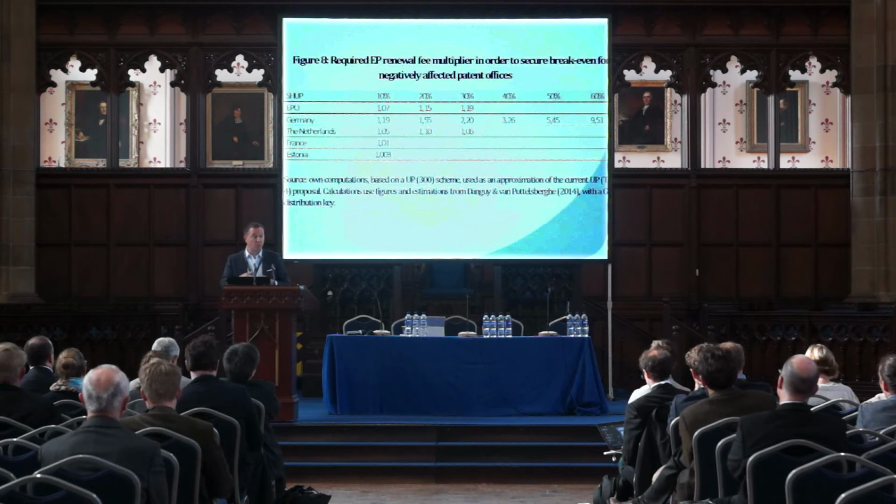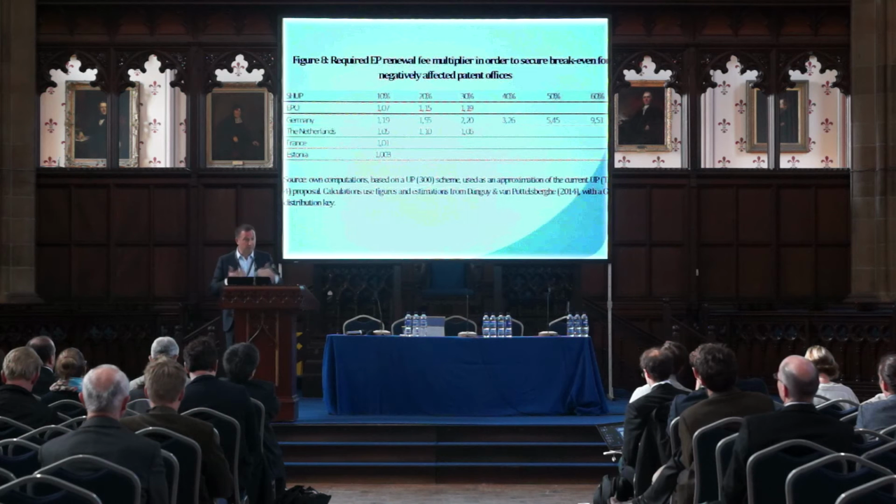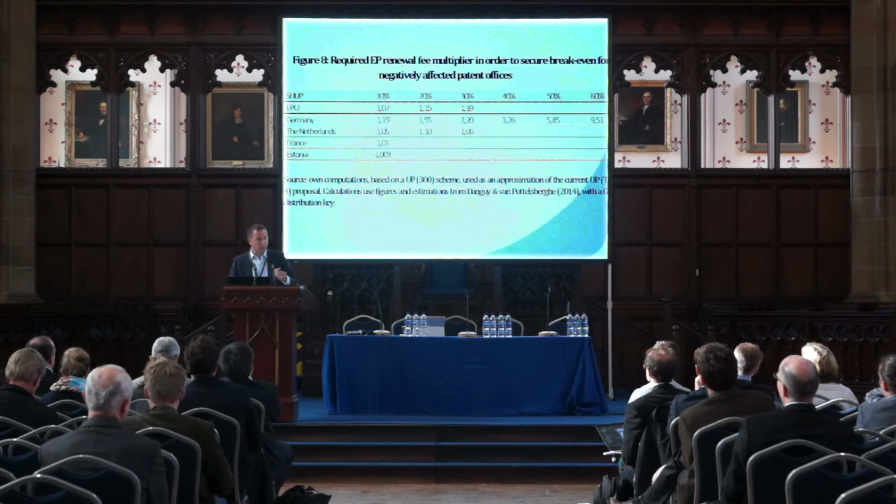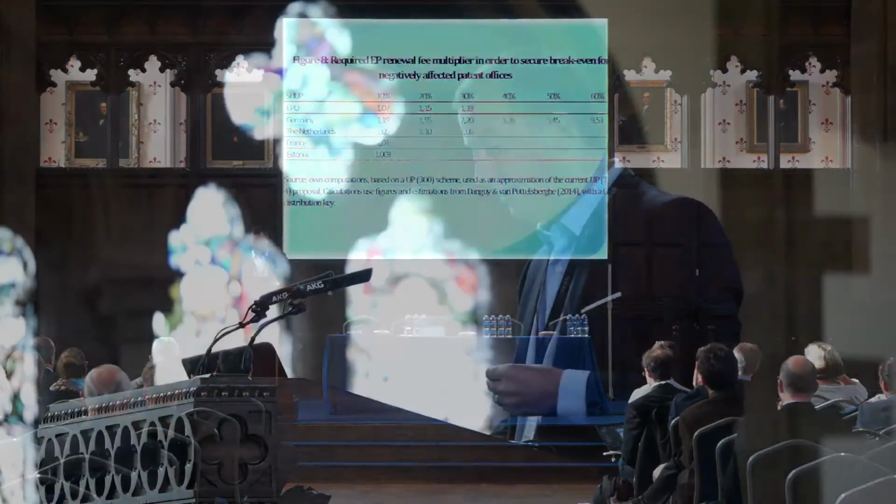So we simulated to what extent national patent offices should increase their EP renewal fees or the national renewal fees in order to stay break-even, and it's about 20% increase in Germany, 5% increase in the Netherlands. At the EPO, when the patents are renewed or maintained, you have a small increase that would secure not losing too much money, actually staying break-even with respect to the current situation. And I'll come back to that.